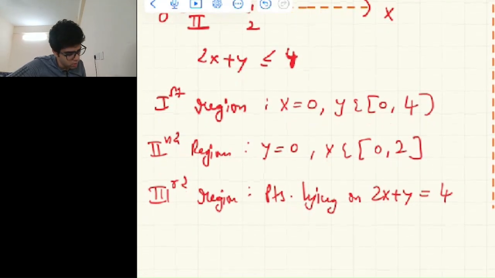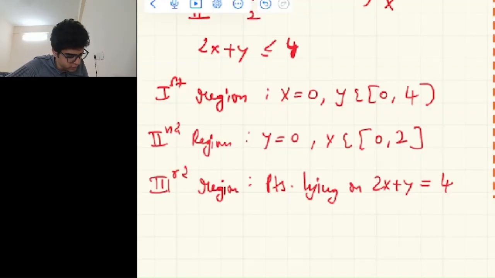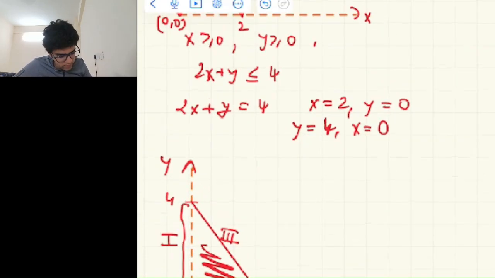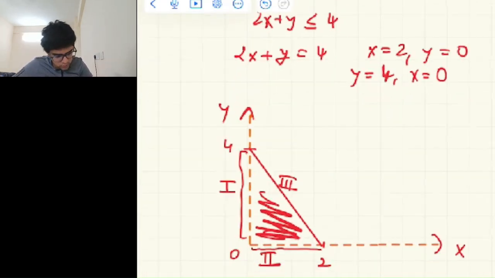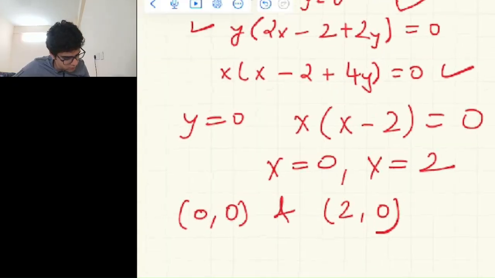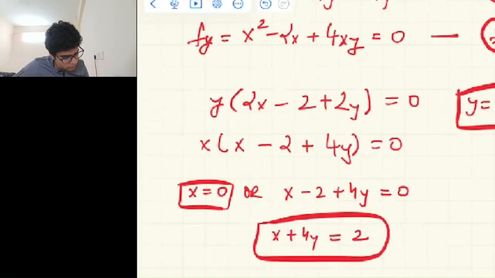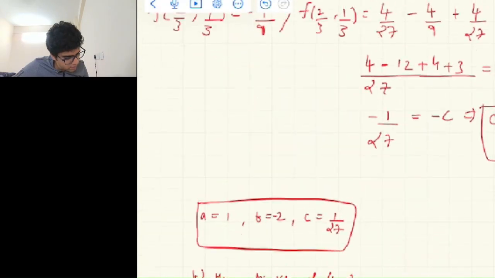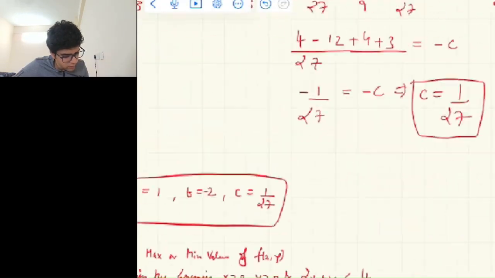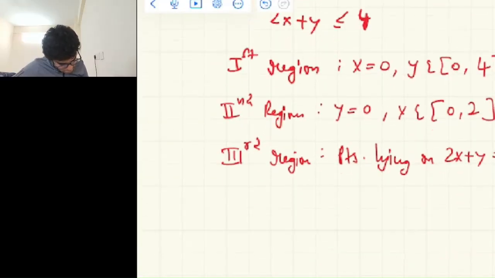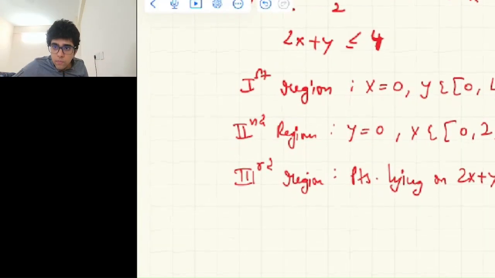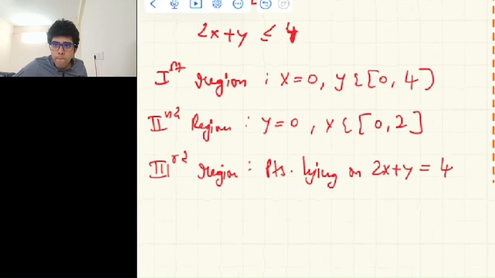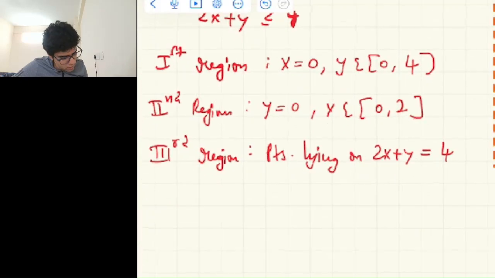Now I'll be solving for the first region. X is 0 and y lies between 0 and 4. The function that was given to us, after substituting the values. Wait a minute. I didn't write the function.